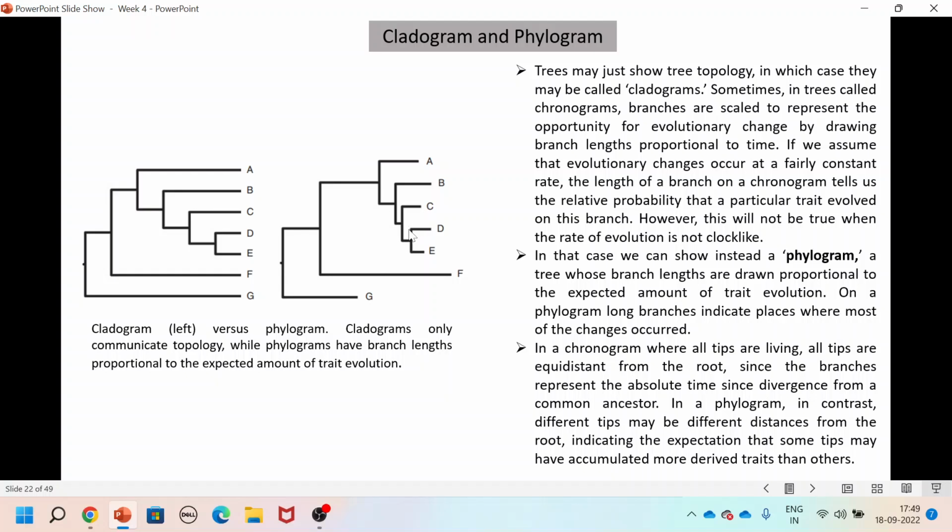This node depicts the common ancestry of all the species, all the tips, all the taxa which have originated from the common ancestor.